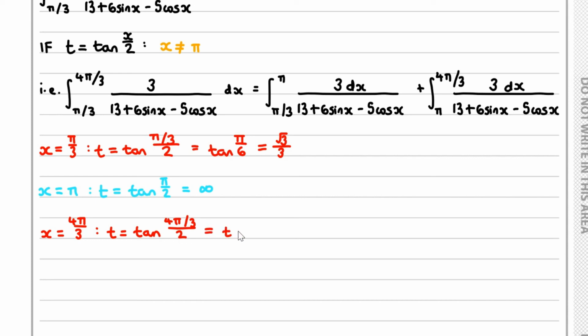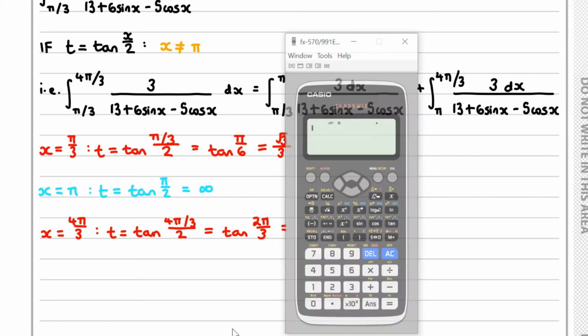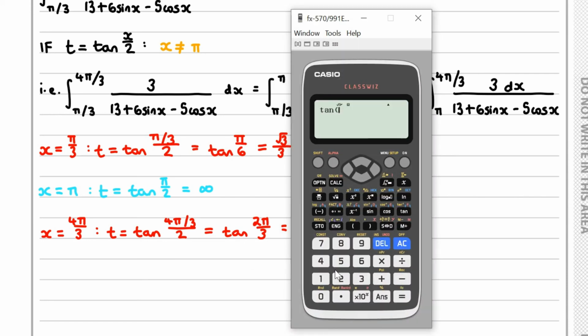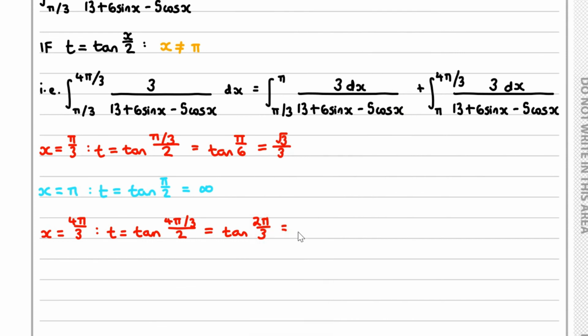So we've got the tangent of 4 pi over 6, which is 2 pi over 3. So it turns out here, if we work this out, we've got the tangent of 2 pi over 3, which is minus root 3. So these are our new limits in terms of t.